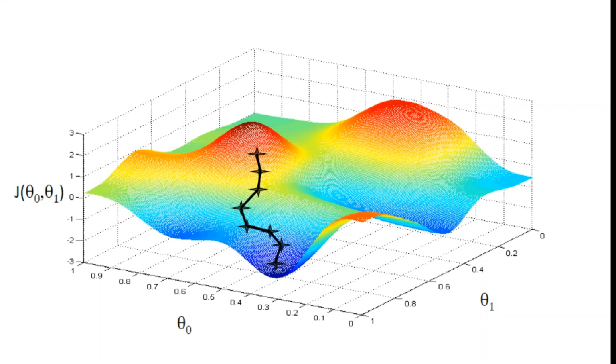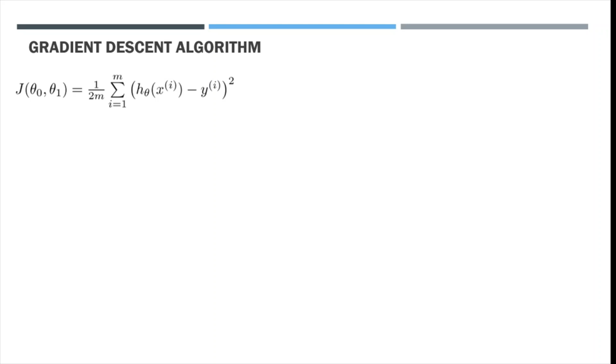Pause the video if you need. Okay, so moving on. This is our cost function J of theta naught, theta 1, and we want that cost function to be minimum, so we want to find the theta which minimizes it. Here's the thing: if you have a calculus background, you might already have an idea how to do this. Yes, we differentiate this cost function.